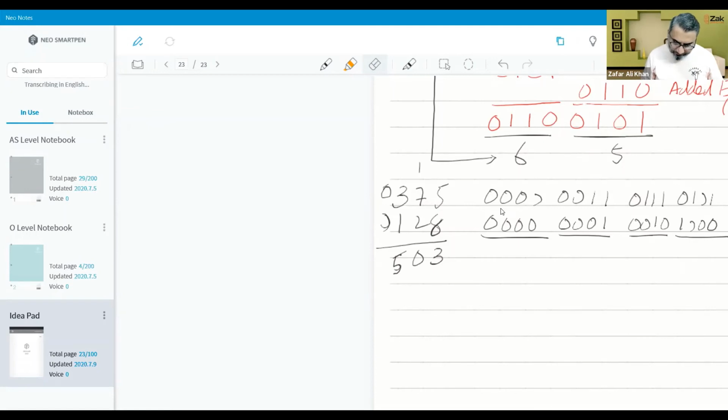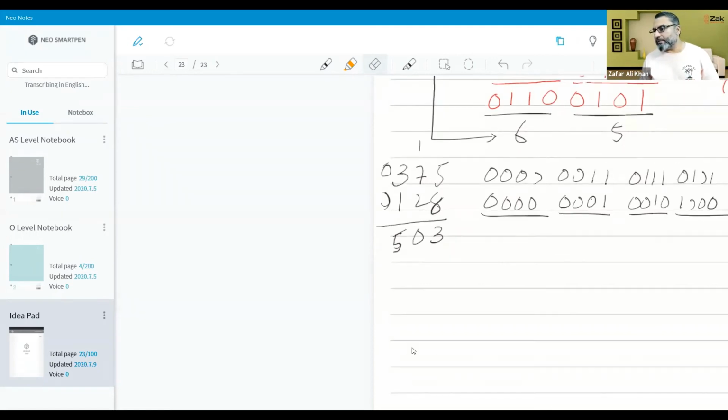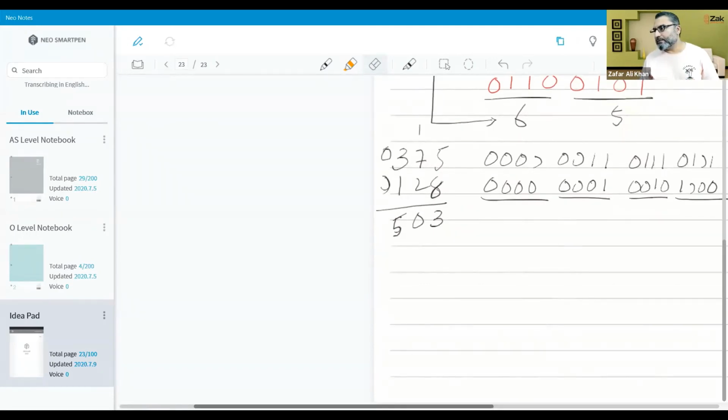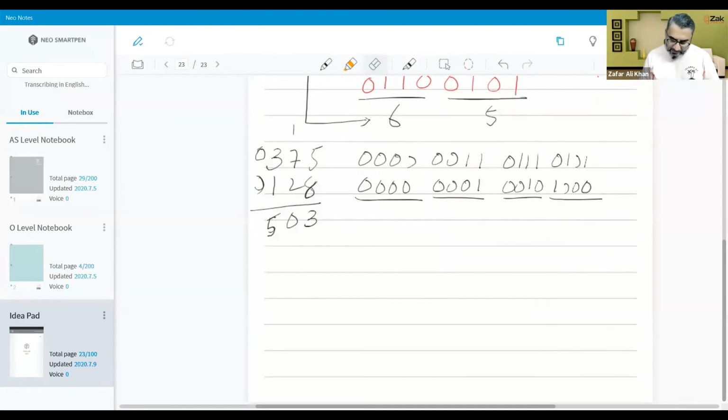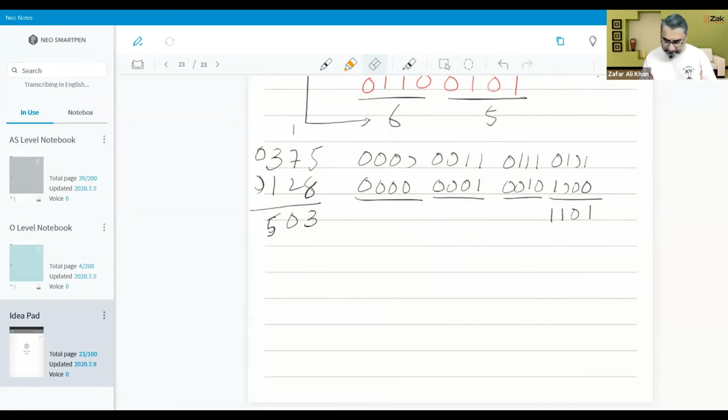Let's see. Always perform calculations from right to left. So 1 plus 0, 1, 0 plus 0, 0, 1 plus 0, 1, 0 plus 1, 1, error. 0, 1 plus 0, 1, 1 plus 1, 2, 1 plus 1, 2.